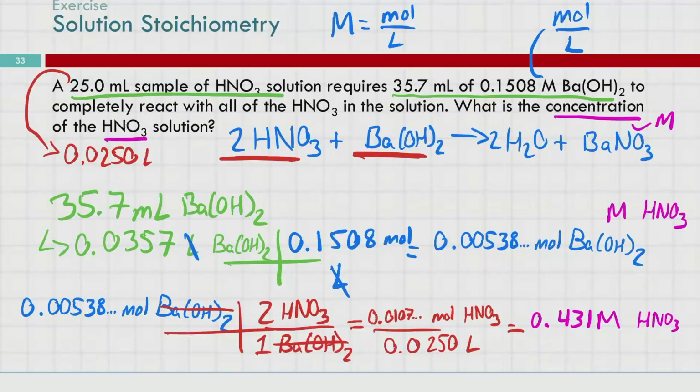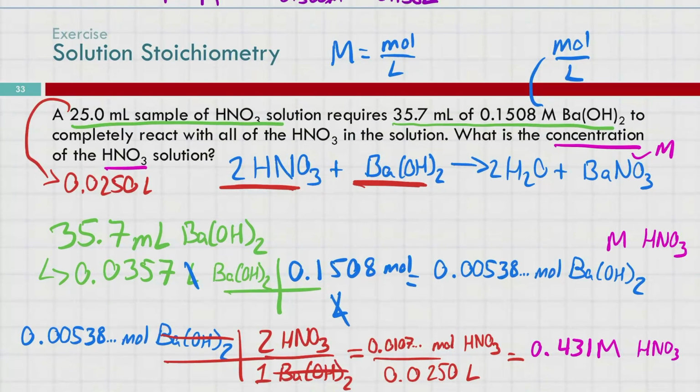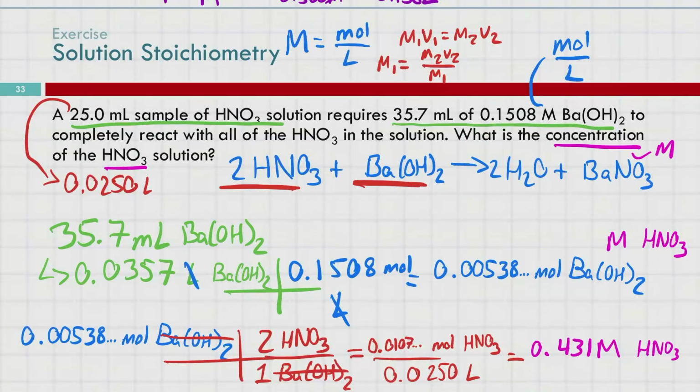I'd also like to show you before you finish packing up, if we do the M1V1 equals M2V2 for this. So show you that it will give you the wrong answer. We would be finding, call it M1 here. So we're looking at M2V2 over not M1V1, where this is our V1, we've got our V2, we've got our M2.